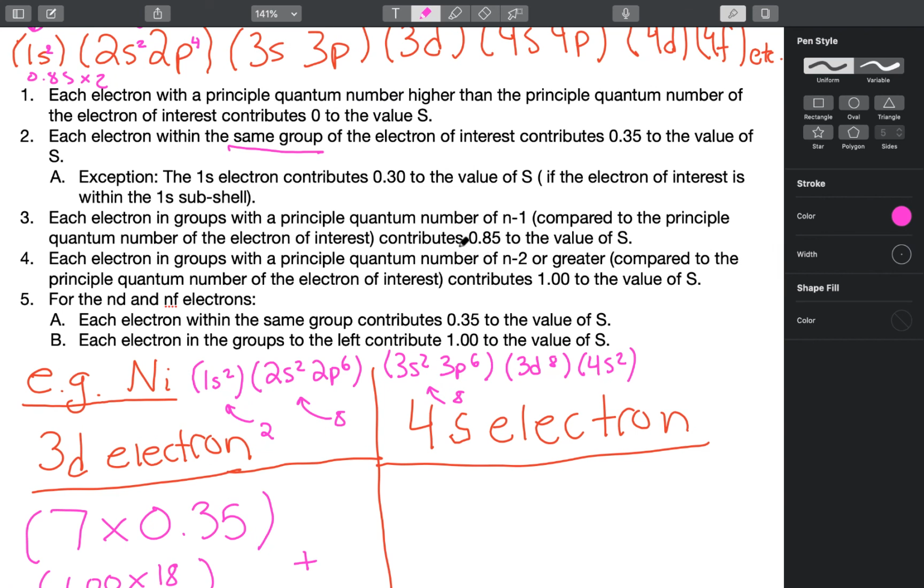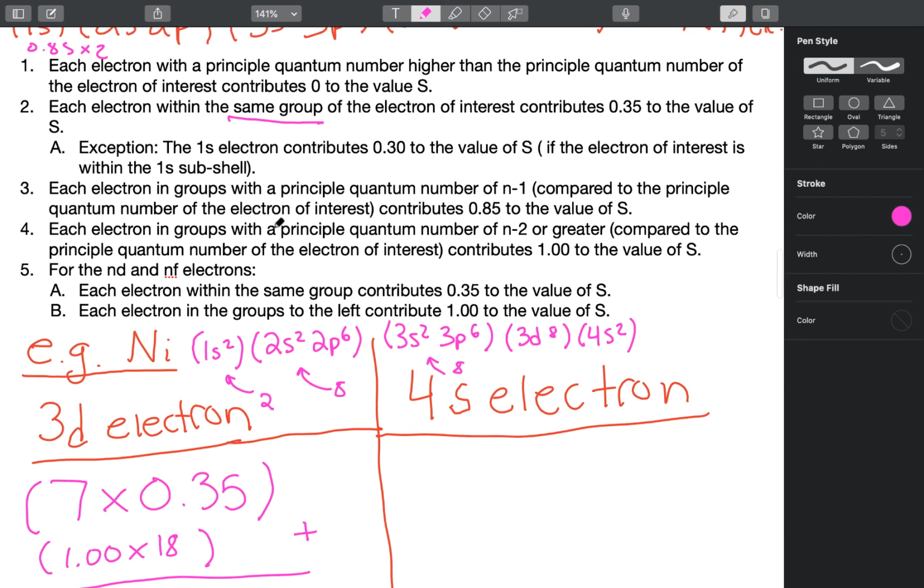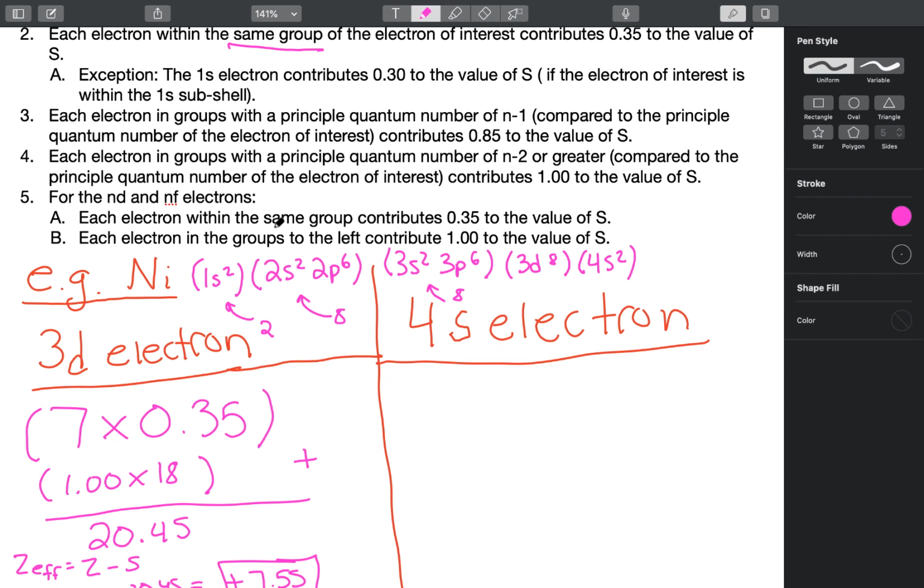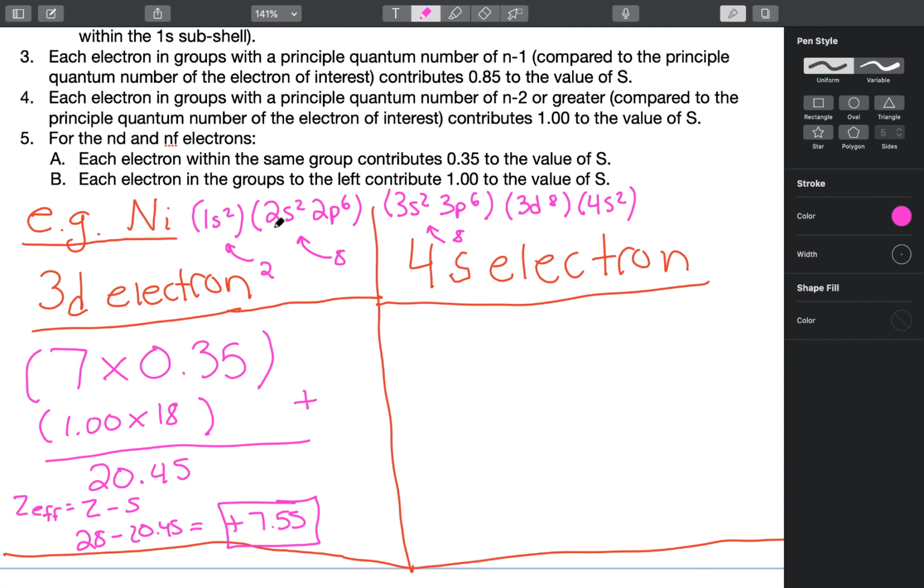Our particular situation states that each electron within the same group of interest contributes 0.35 to the value of S. And the only exception is the 1s electron, which contributes 0.30 to the value of S. So in this case, since we have a 4s electron, we can use the value of 0.35 in order to find our particular number that we need.